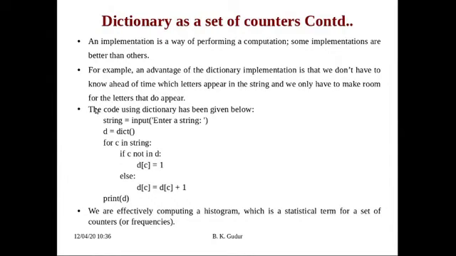This is the code using a dictionary that we used. I hope this is clear to you. Here we are effectively computing a histogram, which is a statistical term for a set of counters or frequencies. The term histogram is used many times in image processing to create a color histogram.